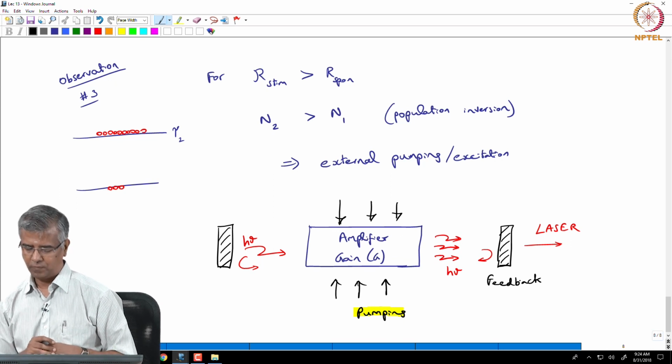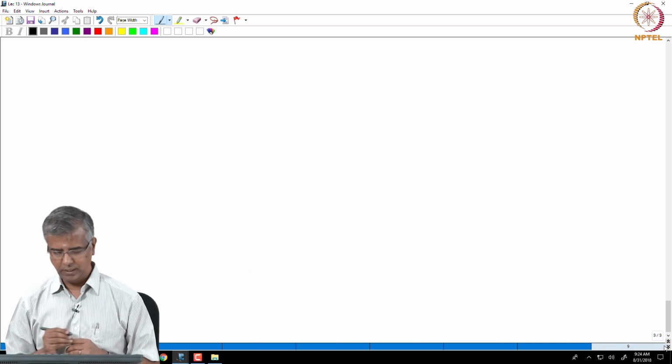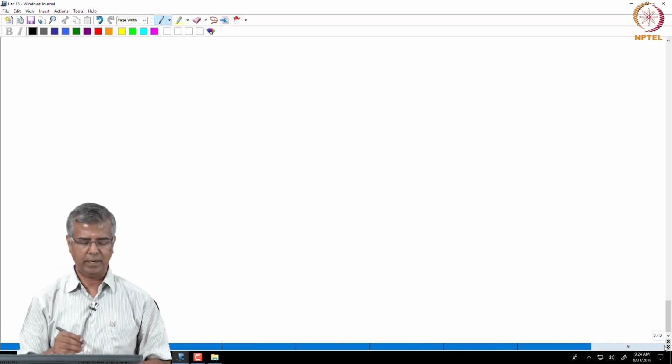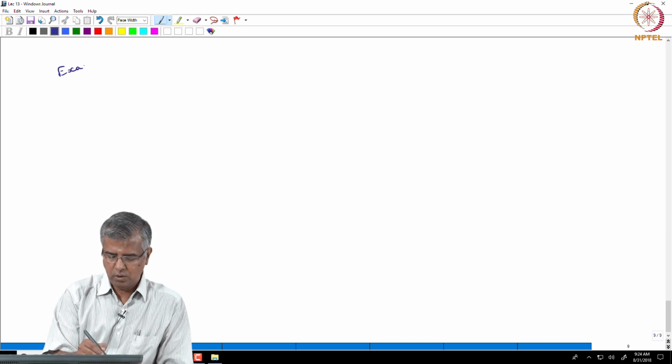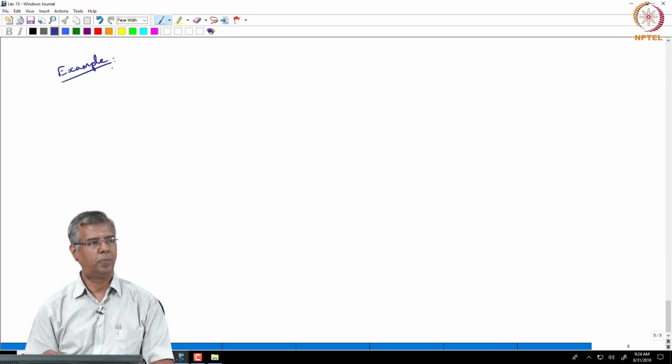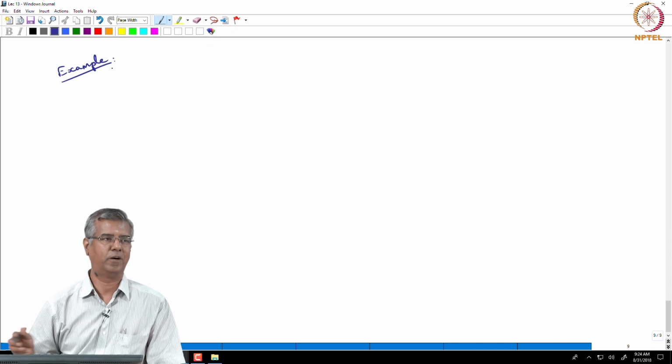Okay, we'll come back to some of those specifics, but let's go on to take an example now. I will take the example where we need an optical amplifier. What is the use of an optical amplifier? Of course, we saw that the optical amplifier is a basic building block for a laser.